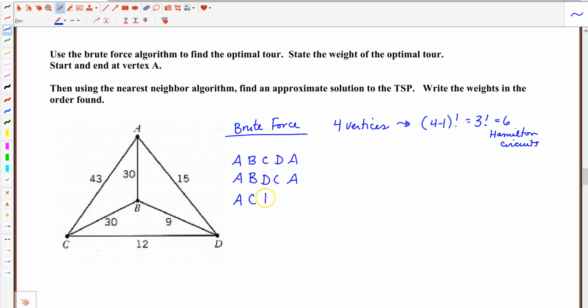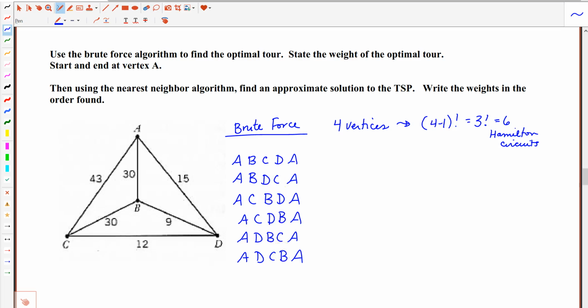Then I could have B and D next, and then back to A. Then I'll flip-flop these 2. So that's all of them that start at A and then go to C. And then finally I could have A and then to D. Then I would have B and C to go to, and then I'll flip-flop those 2. Alright, so that's my 1, 2, 3, 4, 5, 6 Hamilton circuits.